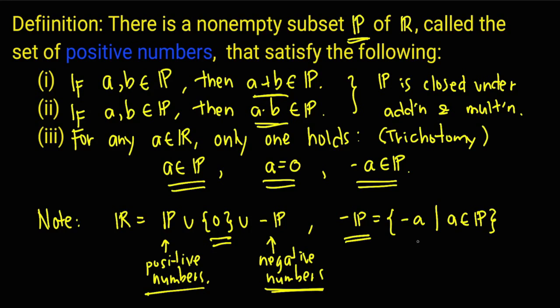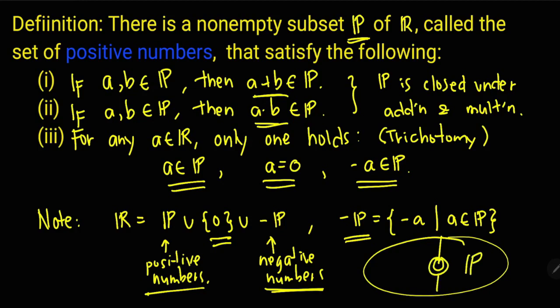So we were able to divide the set of real numbers into three: the set containing just the 0 element, the set containing all positive numbers, and the set containing numbers whose additive inverse is positive. Those numbers we will call negative numbers.